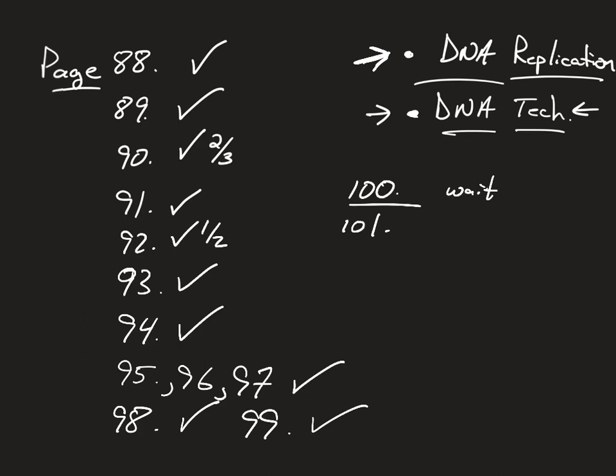105 all the way through to, no, not to the end. 105 all the way through to 111. 105 through 111 we're doing next week. So don't do 105 to 111. We will do it in class.